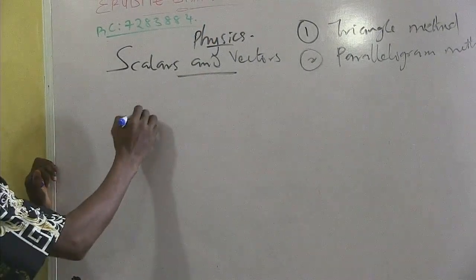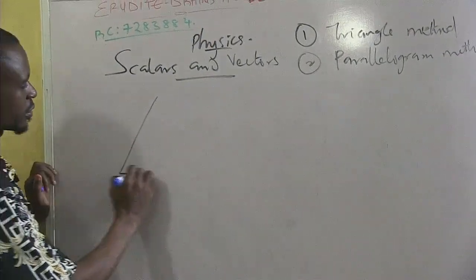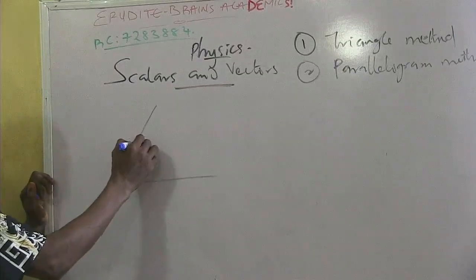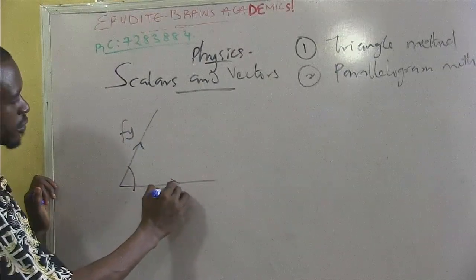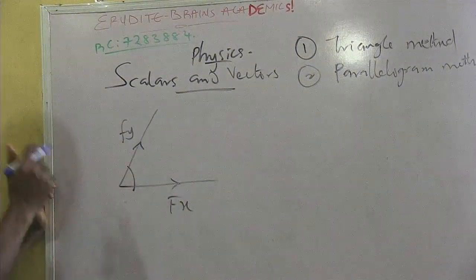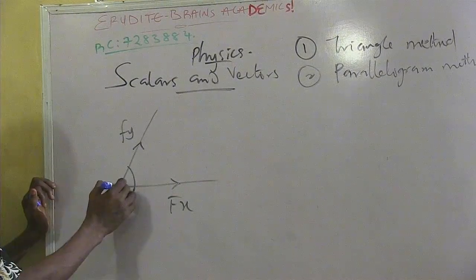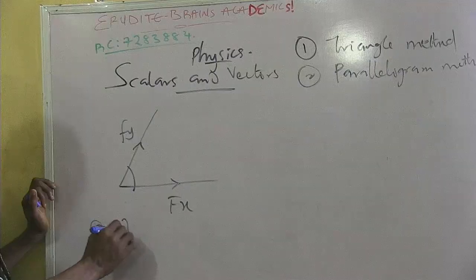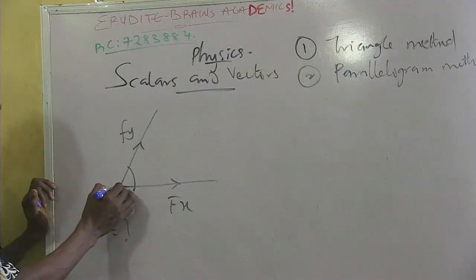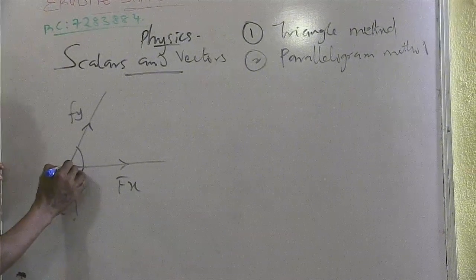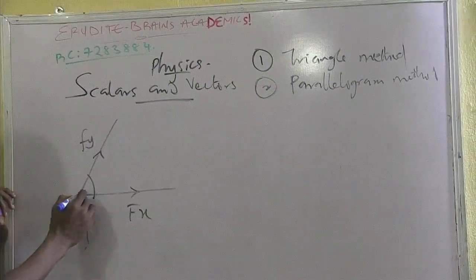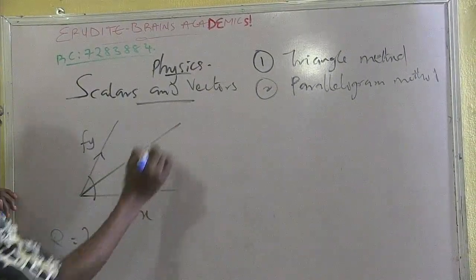So let's say we have an acute angle like this. A particular force Fy is making an angle with another force Fx, and we are told to calculate the resultant force R. How do we do that? The resultant force is still going to come out from the center of Fx and Fy, so you are going to have something like this.